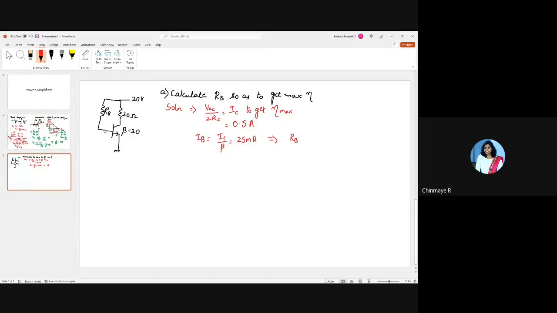So the voltage at this point is how much? One diode drop, right? So this is 0.7, correct? So now you calculate what should be the value of RB.